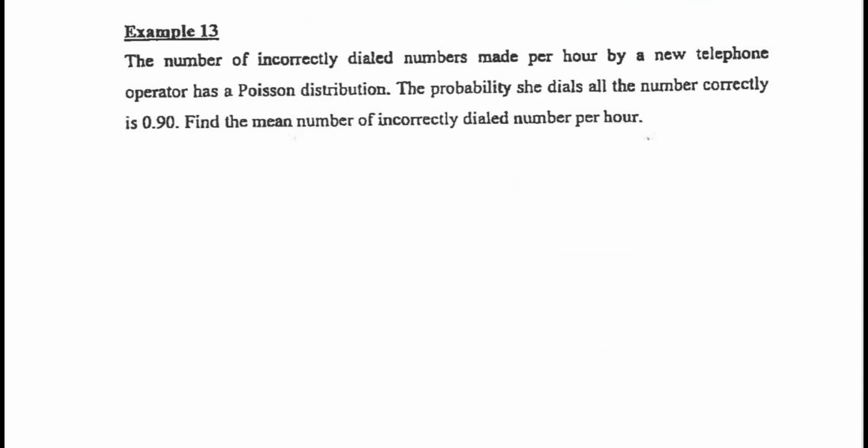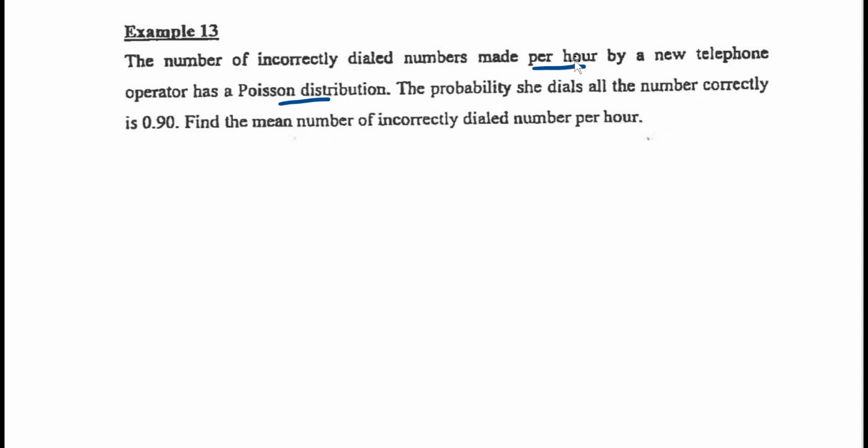Okay, we proceed to example 13. The number of incorrectly dialed numbers per hour by a new telephone operator has a Poisson distribution. So the question already gave us a Poisson distribution.